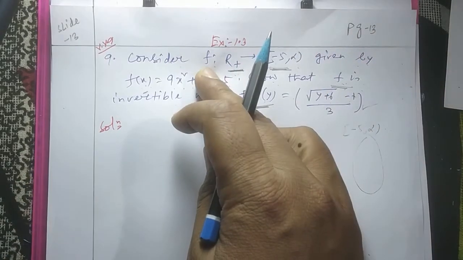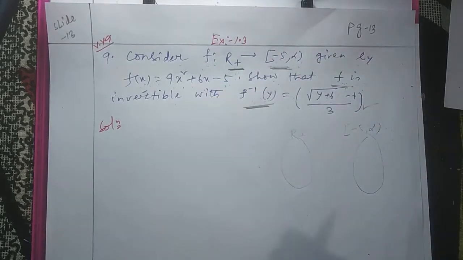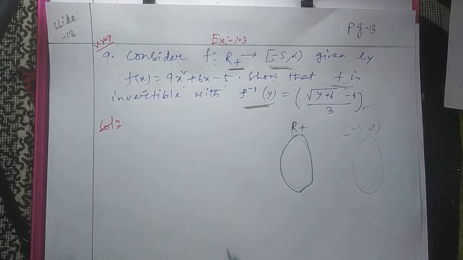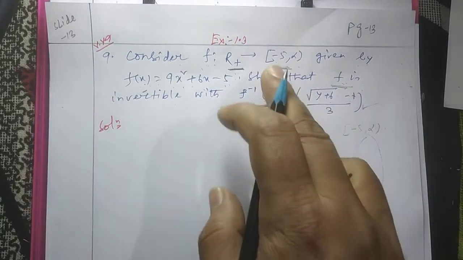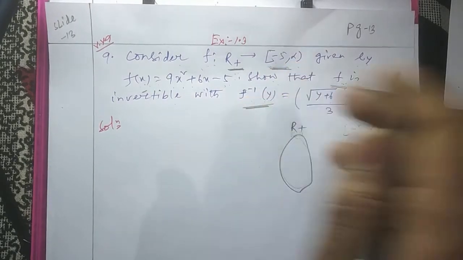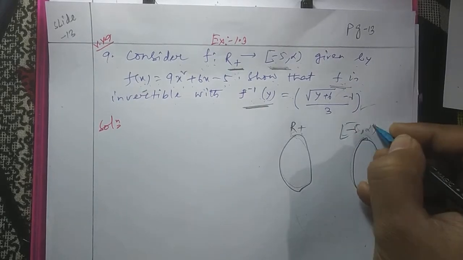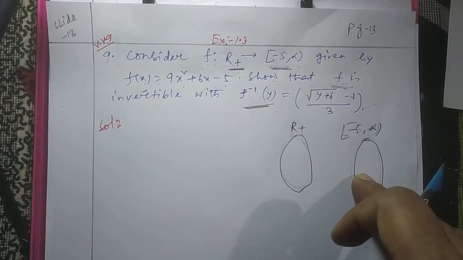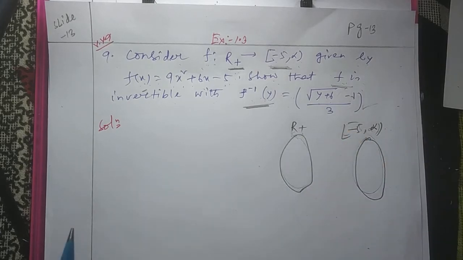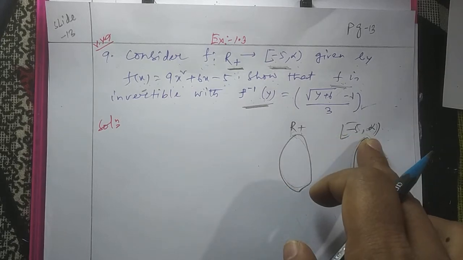A function f is given with the domain R plus. Domain R plus means it is the set of all positive real numbers. Correct? And the codomain is [minus 5, infinity). So in the codomain, every number will be bigger than or equal to minus 5. That is the meaning of [minus 5, infinity).